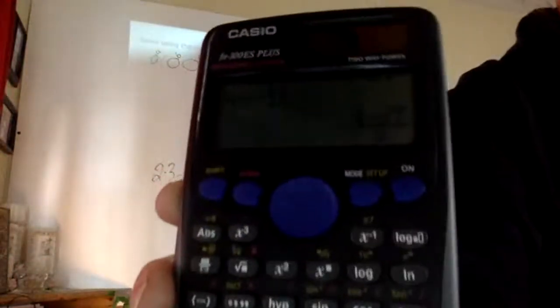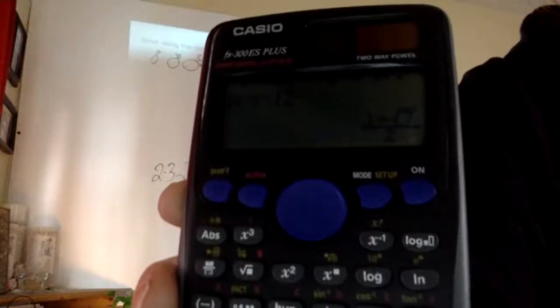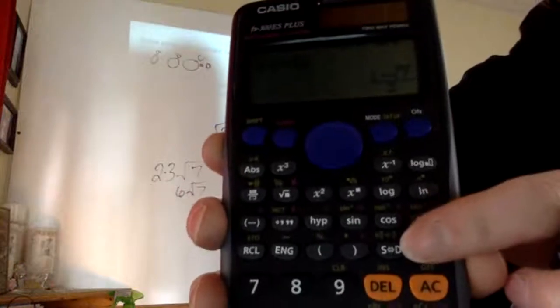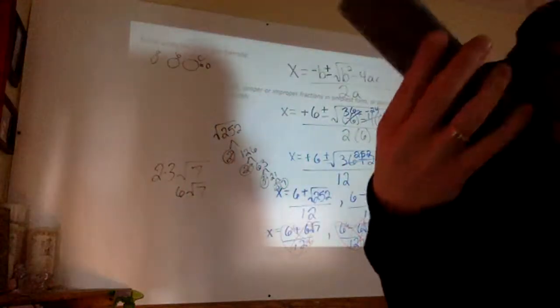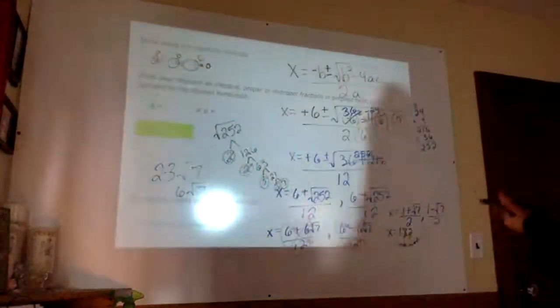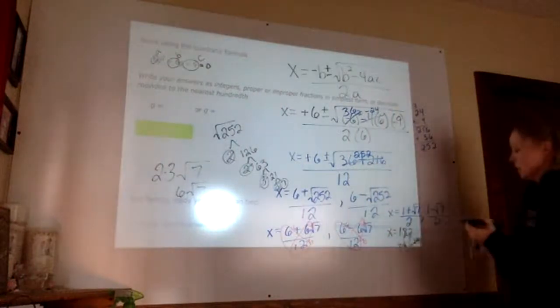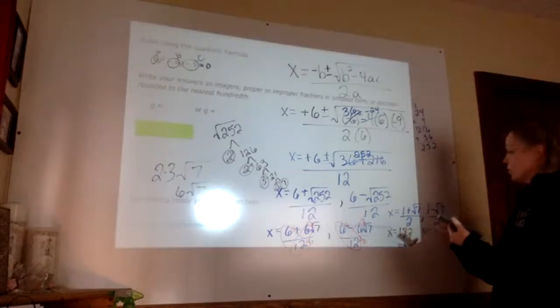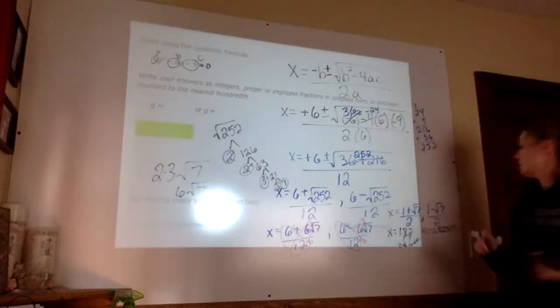And again, on this one, it's going to give me the simplified version, but IXL wants a decimal, so you're going to hit the S arrow D button right there. So I'm going to hit that. And that gives me a negative. So x equals negative 0.822875, blah, blah, blah.